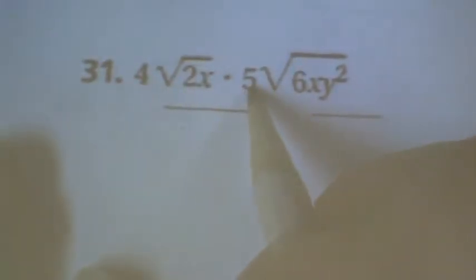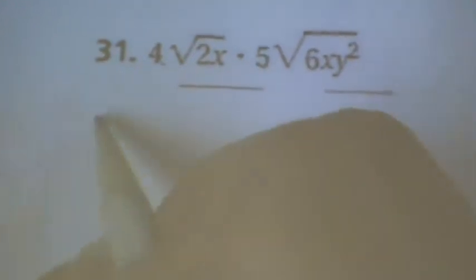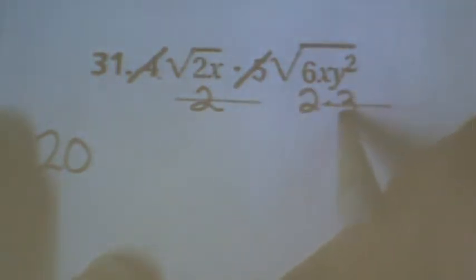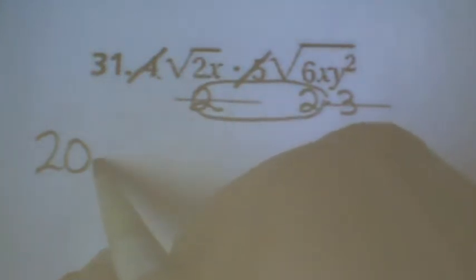Okay, right now we've got a 4 and a 5 outside. We're going to take these and multiply them. We've got 20. Let's cross those out, 20. Now, right now we've got a 2 here and a 6. So 2, and then we've got a 2 times 3. I'm going to pair these 2's up and merge it with this 20.